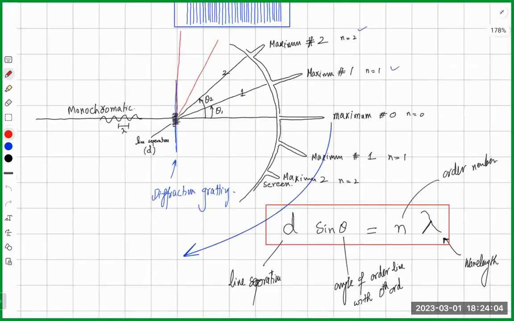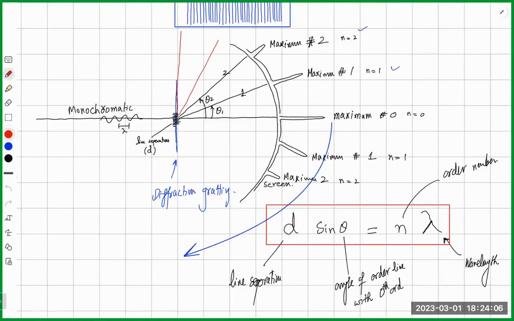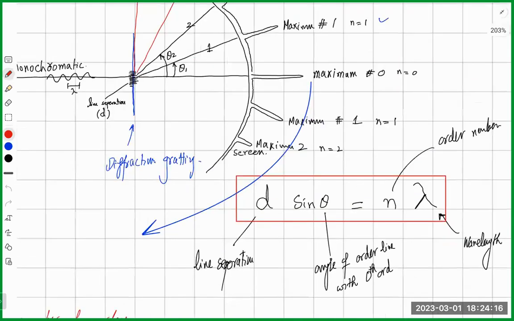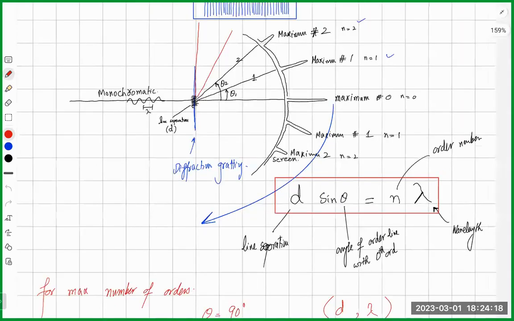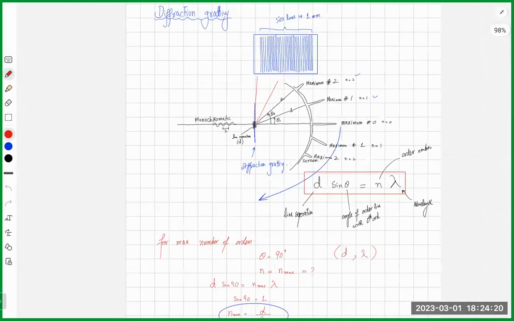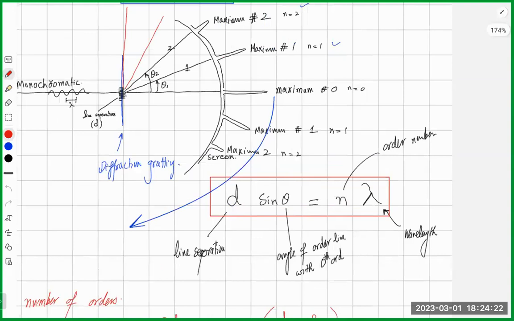The angle that any maximum makes at the point where the wave hits the diffraction grating is theta. So this is a very common formula for diffraction grating: d sin theta equals n lambda, where d is the line separation.